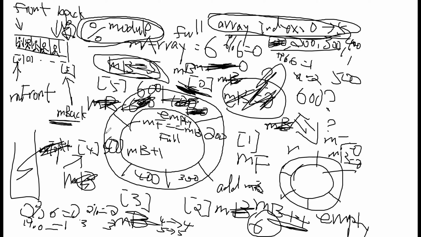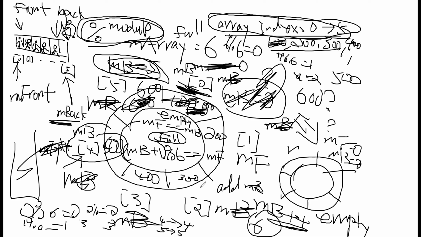So the back is at 500 here, and assuming 100 was not removed, you take back plus 1, but then you modulo 6 in this case. And if it's equal to front, then you say, oh, the Queue is already full. You cannot add any more items.